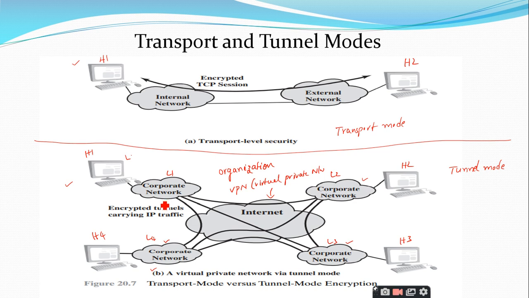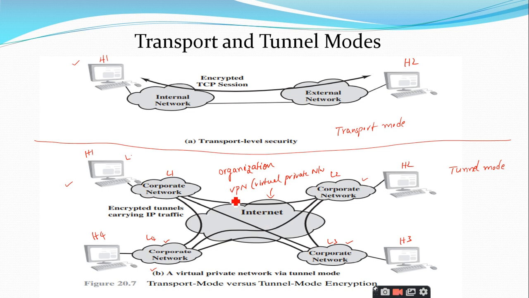So hosts on the internal networks use the internet. This H1 connects to H2. That means if H1 wants to communicate something to H2, or H1 wants to communicate to H3 or H4, that transport of data will be done via the internet. But remember that they do not interact with other internet based hosts.